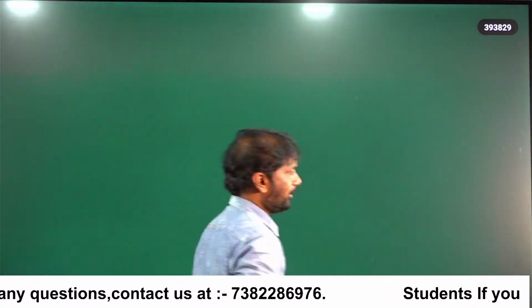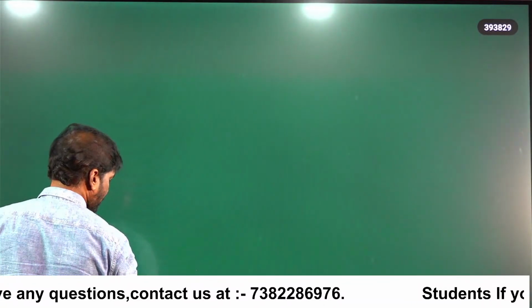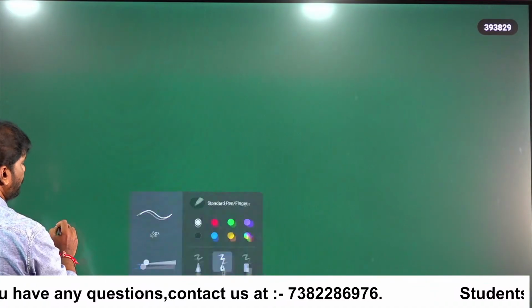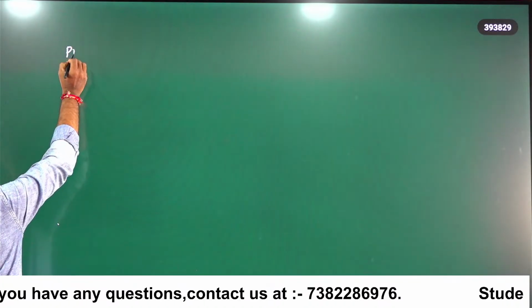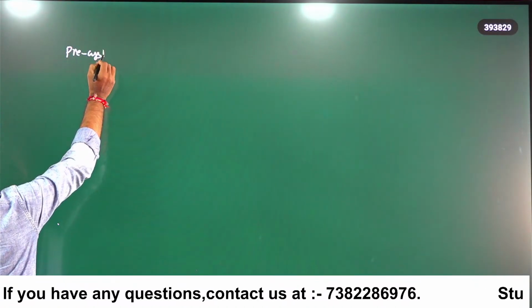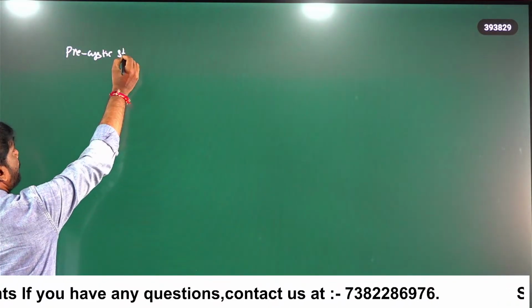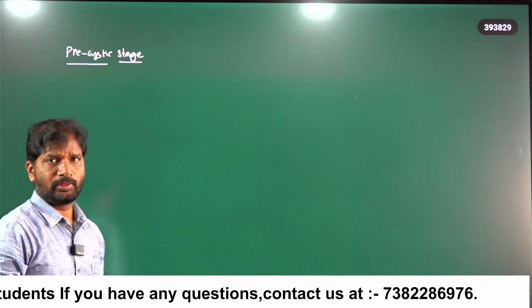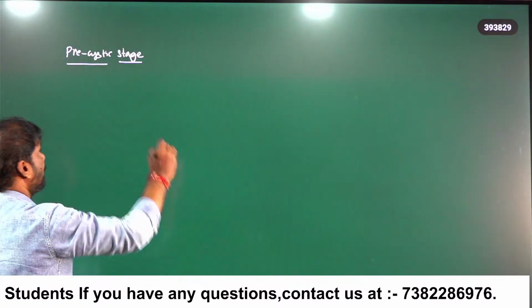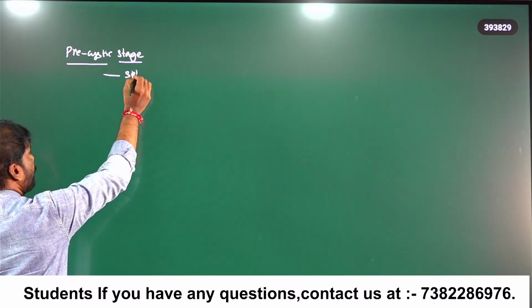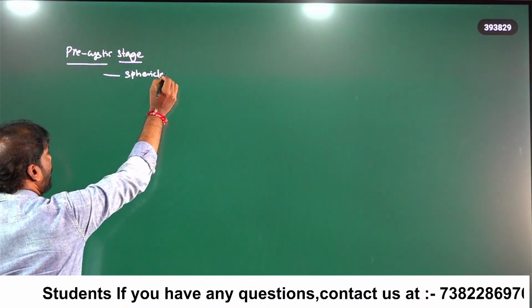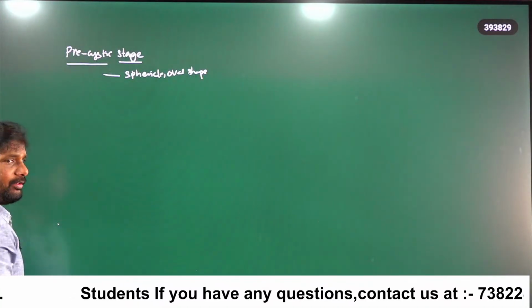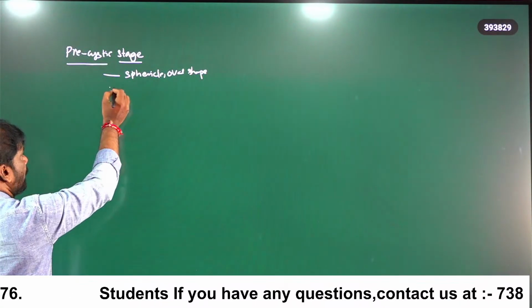In the pre-cystic stage, it is spherical or oval in shape. Is it active or inactive? It is inactive in condition.